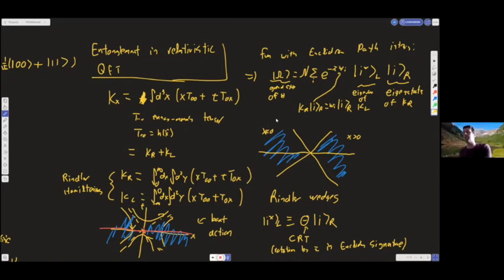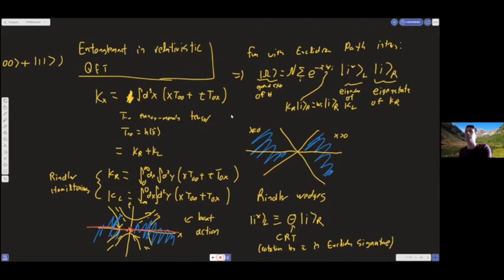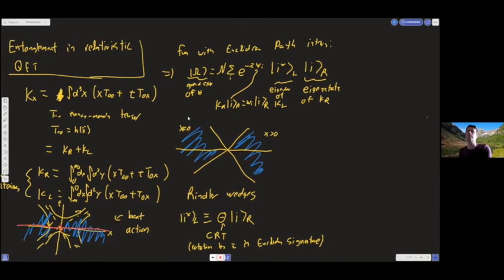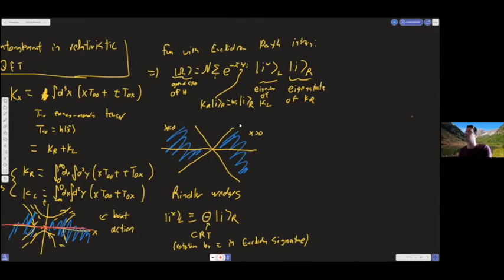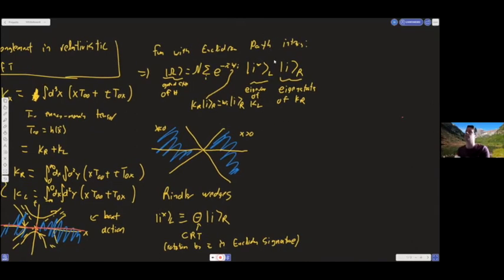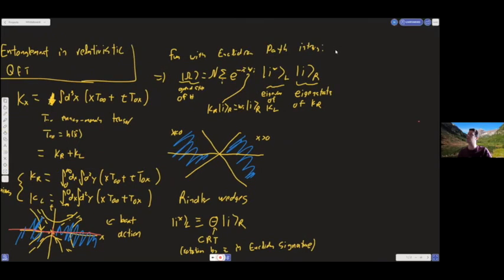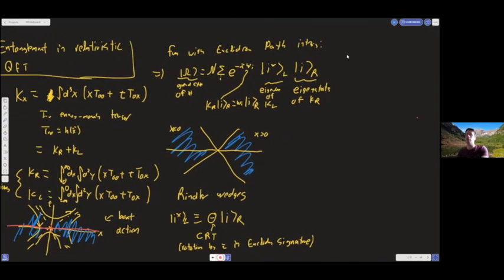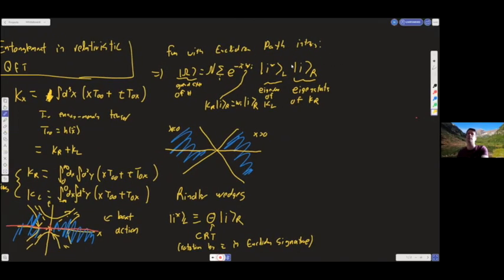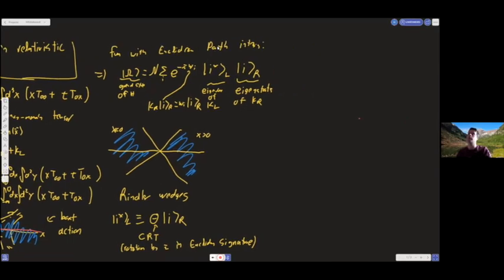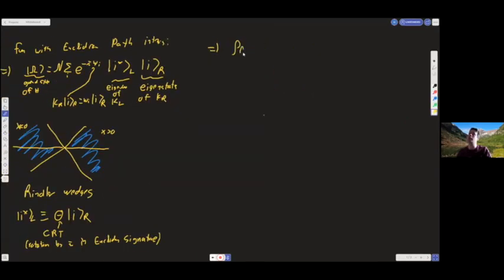So maybe let me make two more comments about this. The first is that I can take this state, and then I can compute the partial trace. Let's say I look at the reduced state on the right. The definition of that, just to remind you, is we trace over the left system of omega.